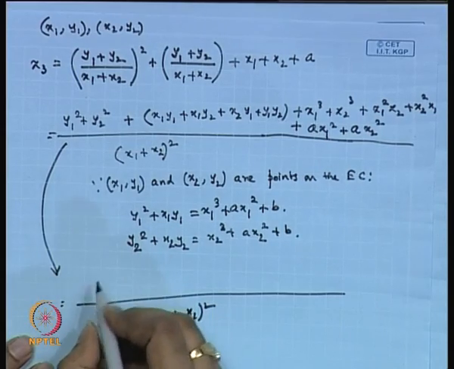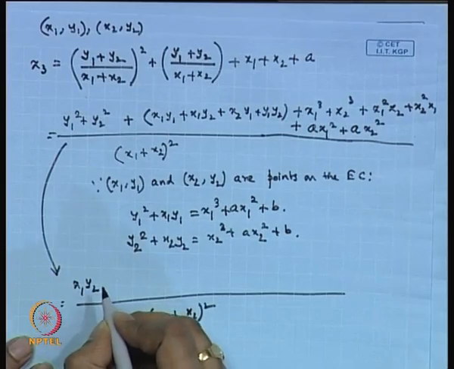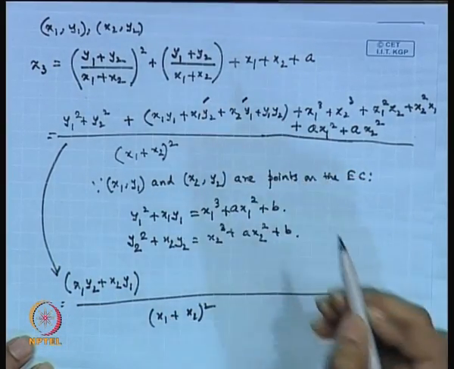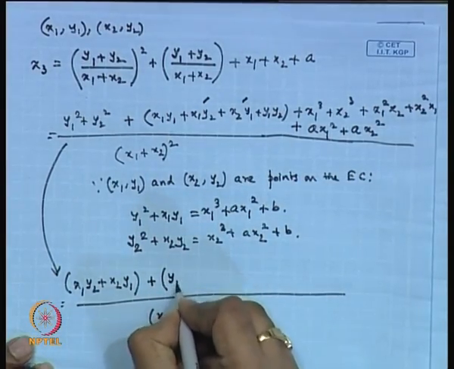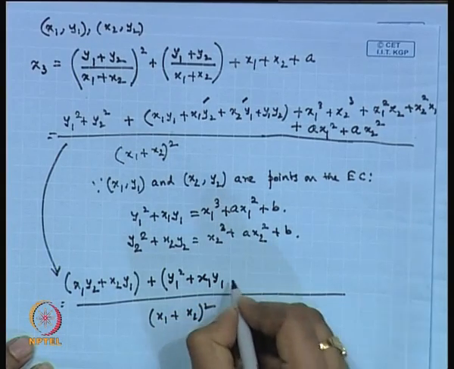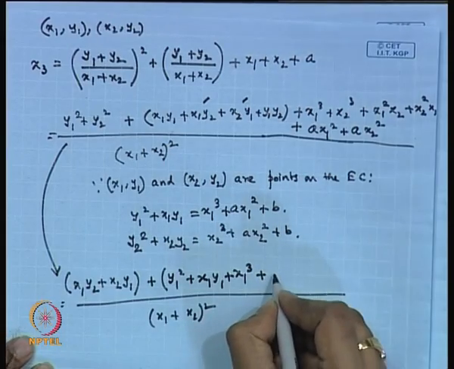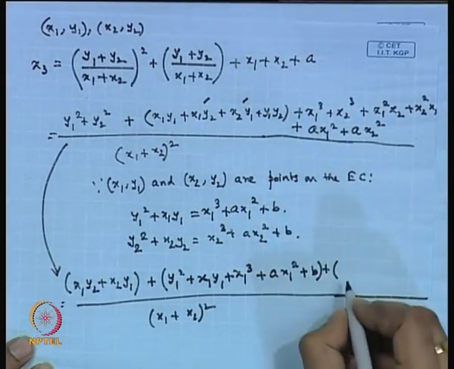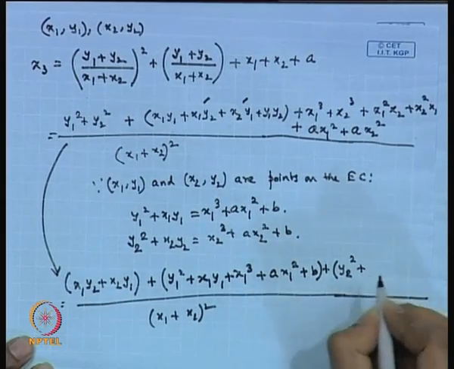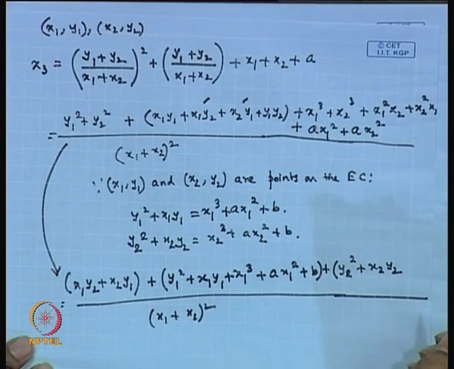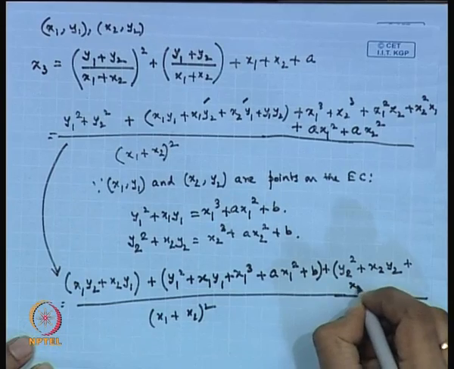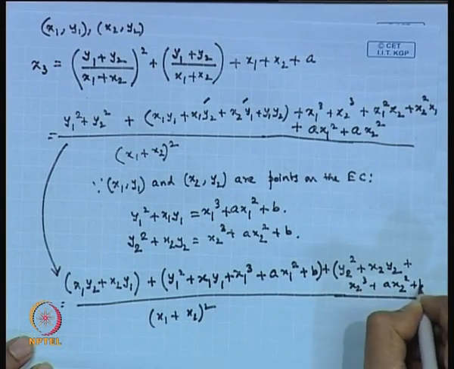So, that means if you observe this term now, then your numerator becomes, you can actually combine and you see that you have got x1y2 plus x2y1, that is this term and this term, okay, plus you can actually write y1 square plus x1y1 plus x1 cube plus a x1 square plus b, plus, okay, I am adding a b there, and y2 square plus x2y2, plus x2 cube plus a x2 square plus b.